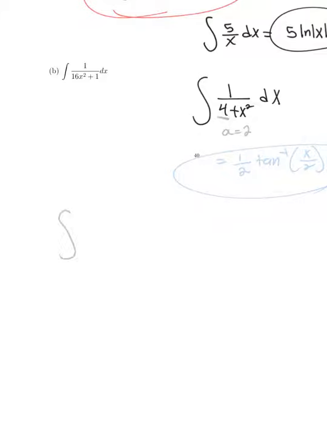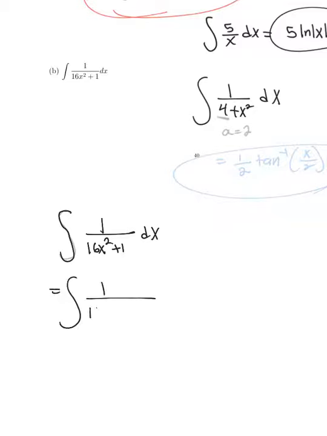That part B was the integral of 1 over 16x squared plus 1 dx. I'm actually going to try to simplify this a little bit. So this is going to become the integral of 1 over 16 times x squared plus 1 over 16 dx.